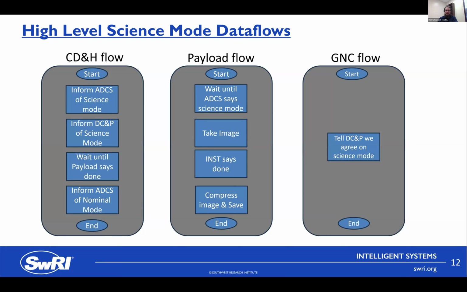And when the payload says it's done, it informs ADCS to go into the nominal maneuver mode. So we had our example operations of maneuvers and science that we were running in the system.